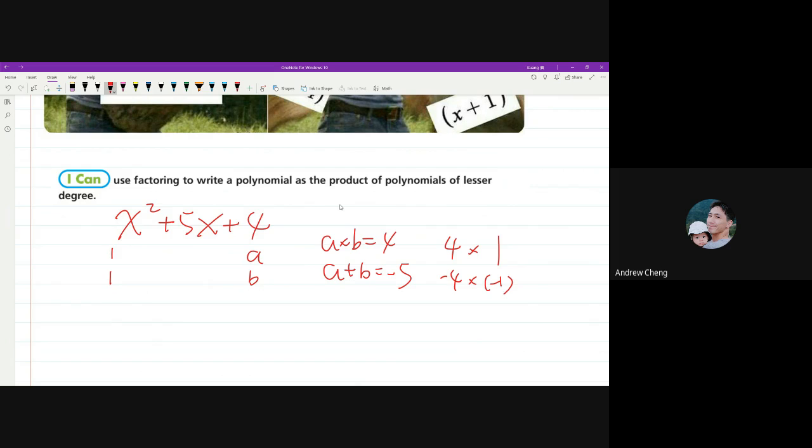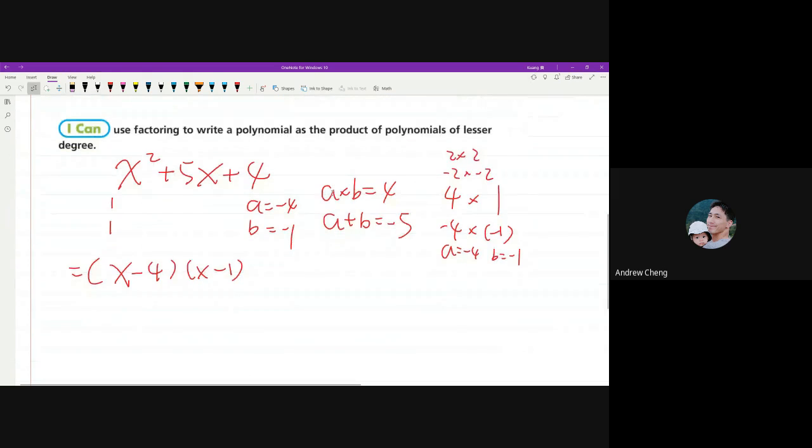Of course, it can be 2 times 2 or -2 times -2, but since the sum is -5, I will choose this one. So my a is -4, b is -1, and then I can rewrite this polynomial as x minus 4 times x minus 1.